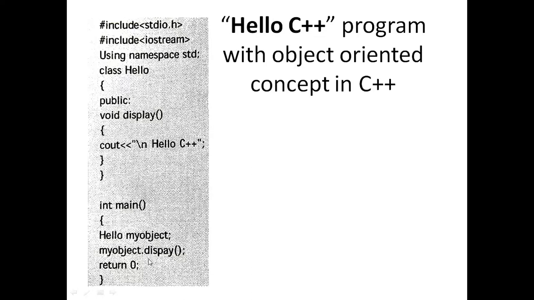Therefore, we have written my object dot display. Now the display function will be called, and where is that display function? It is written in the hello class, of which my object is an object. So we'll find the display function in hello class, and return 0 does not return anything. So the output of this program will be hello C++.